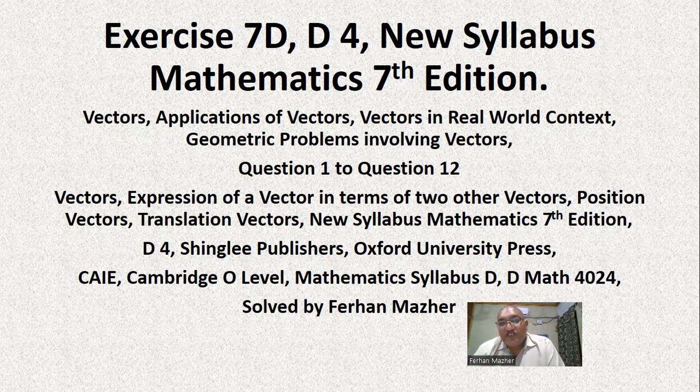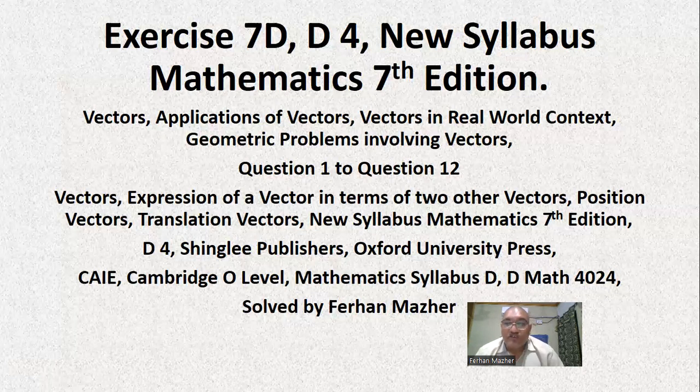And we have done question number 1 to question number 12 in this video. These questions are tricky. They're very easy actually, but they are very tricky. And that's why I was talking slowly and so smoothly, so that you can understand that concept. The rest of the questions, there are 18 questions, I think, in this exercise. I will do the rest of the questions in another video.